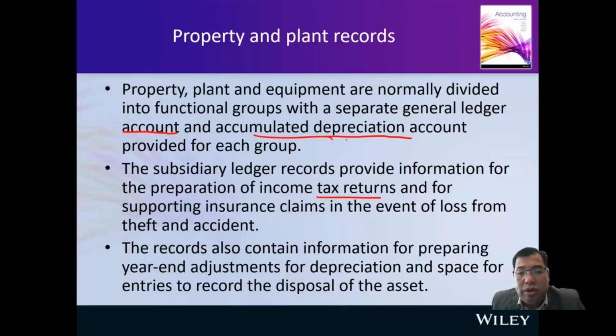The record also contains information for preparing the year-end adjustment for depreciation and space for entries to record disposal of assets. So for property, plant, and equipment, you must record using two accounts. Number one is the cost. Number two is the accumulated depreciation.